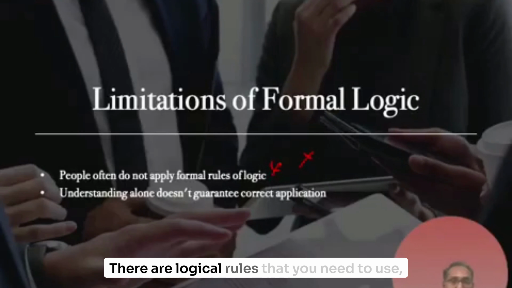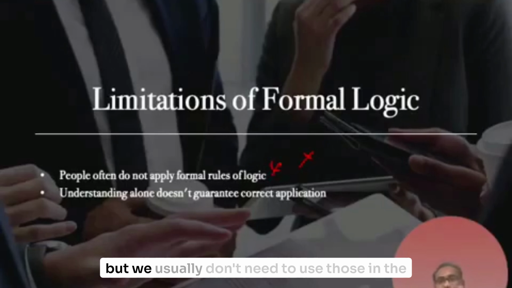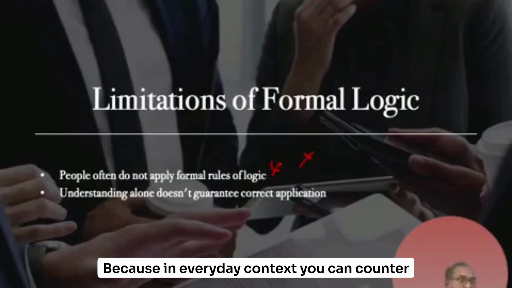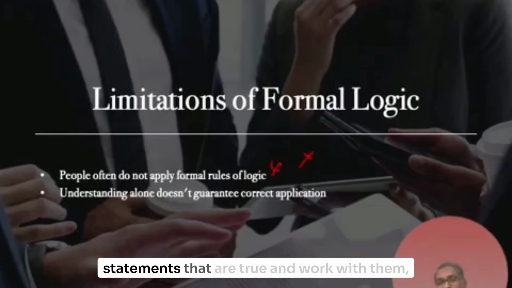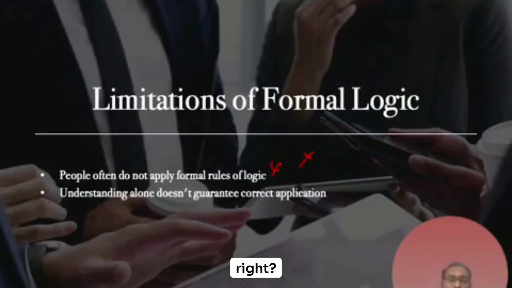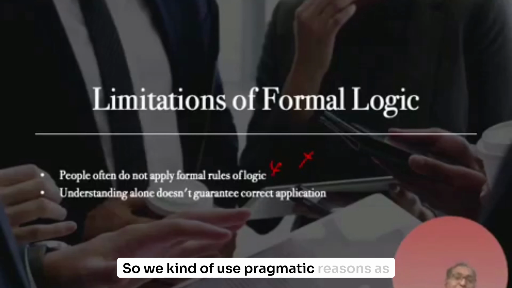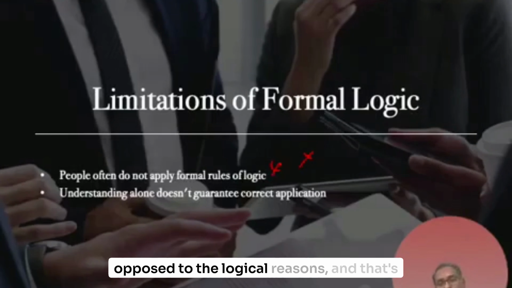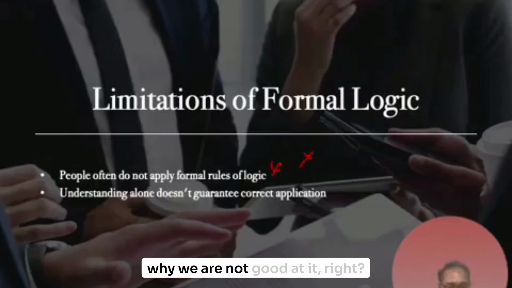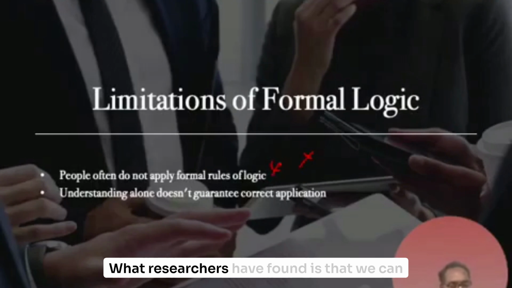There are logical rules that you need to use, but we usually don't need to use those in the everyday context, right? Because in everyday context, you encounter statements that are true and work with them. So we use pragmatic reasons as opposed to logical reasons, and that's why we are not good at it, right? What researchers have found is that we can change this.